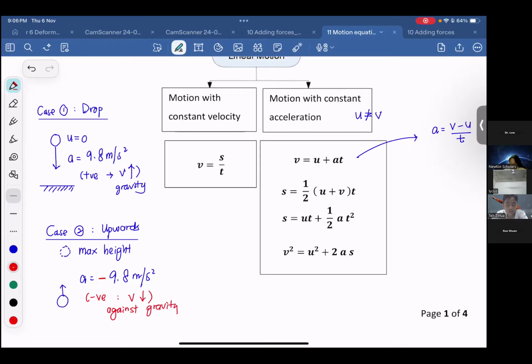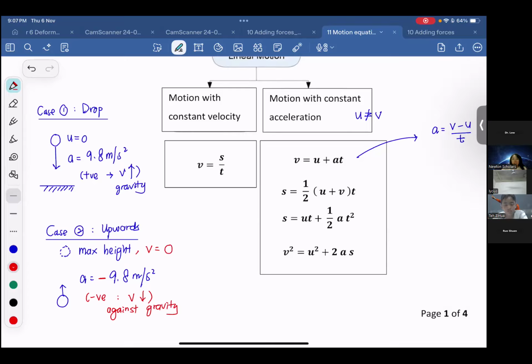So boys and girls, why does the object go to the maximum height? After maximum height, what's going on? It falls down again. Am I right? You throw something, it will go up until a certain moment, then it will go down again. So what is the velocity when it goes to the maximum height? My answer is 0.